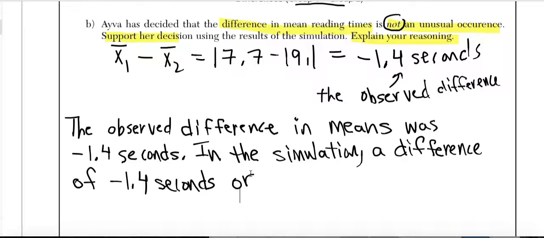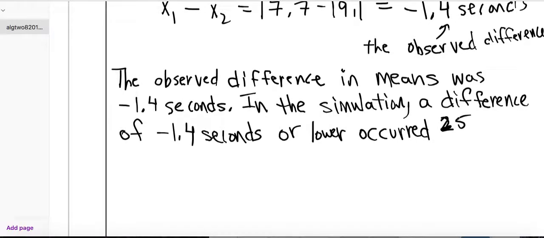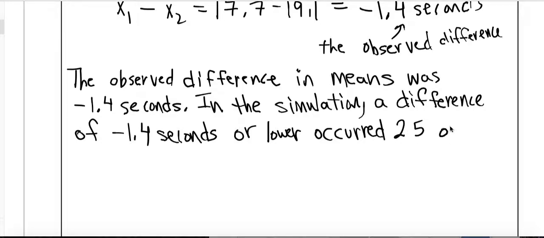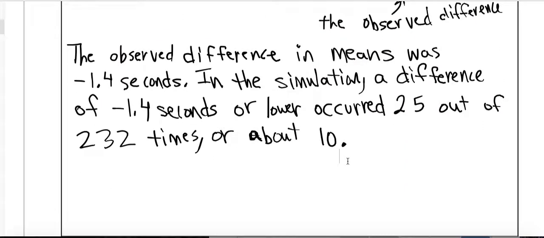or lower occurred 25 out of 232 times, or about, it was about 10.78% or 11% of the time.